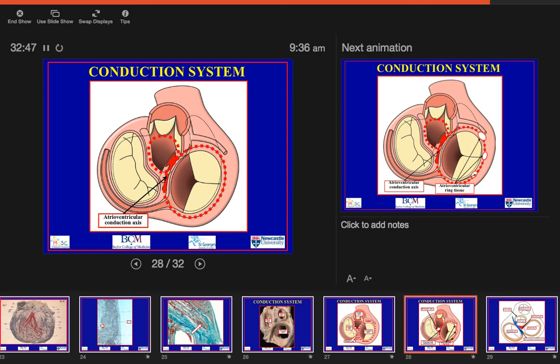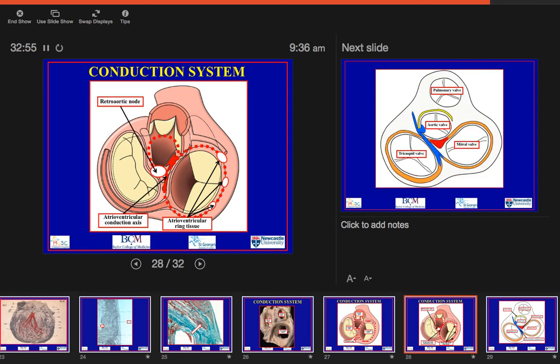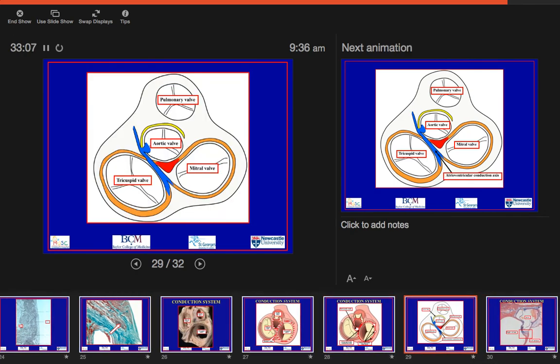So it is only the atrioventricular conduction axis that is always present, but we see these remnants of ring tissue. But we now know that there is also a particularly well-formed component of the ring that sits in the atrial septum directly behind the non-coronary sinus of the aortic valve. And so there you see what has happened to the ring.